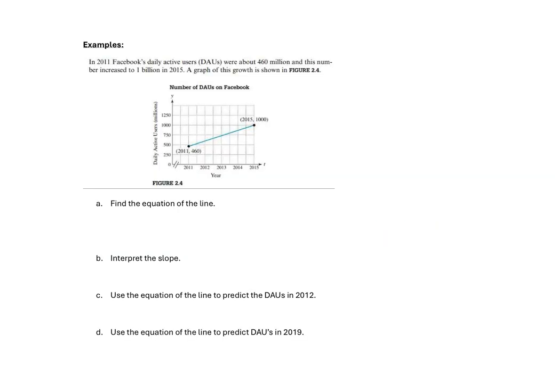All right, let's go ahead and look at an application problem. We have in 2011, daily activity users were about 460 million, and this number increased to 1 billion in 2015. We want to use the graph to find the equation of the line. All right, so the first thing that we have here is we do have 2 points.